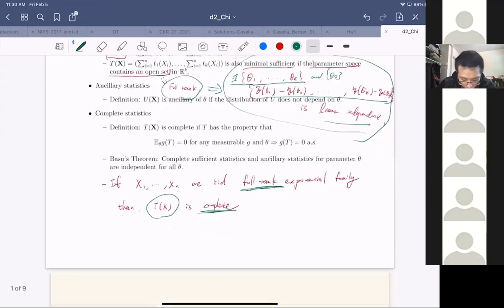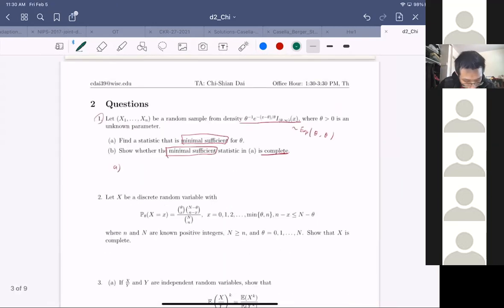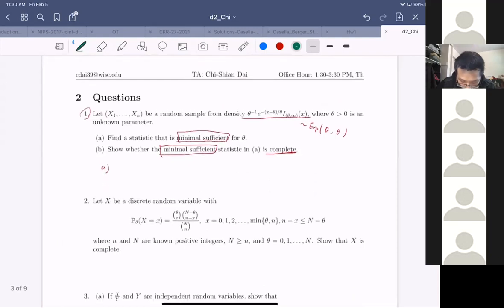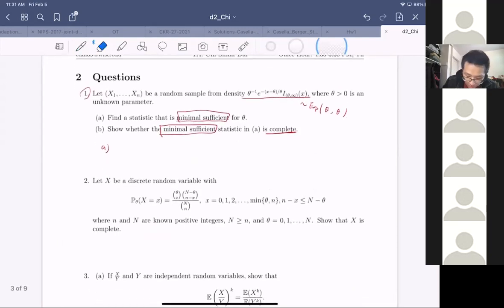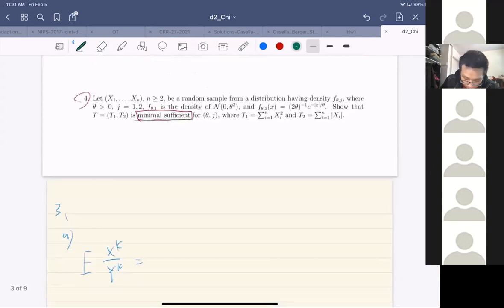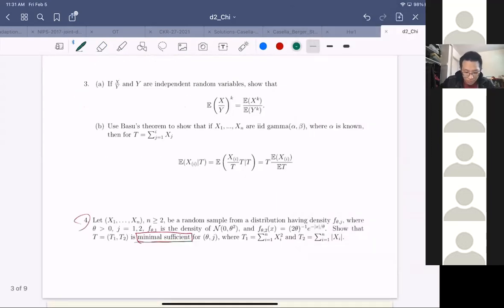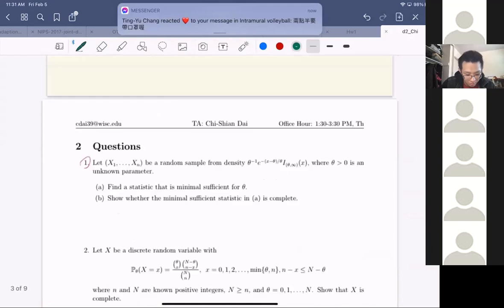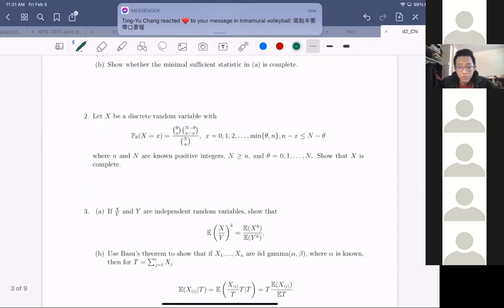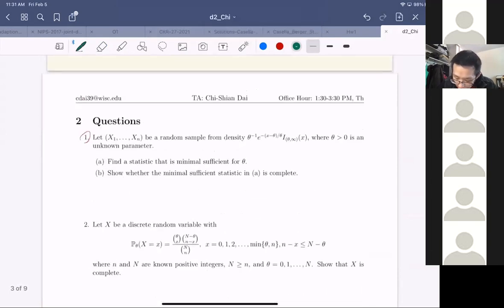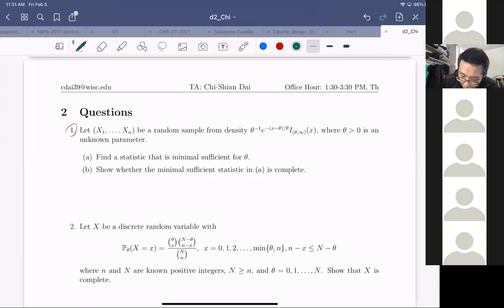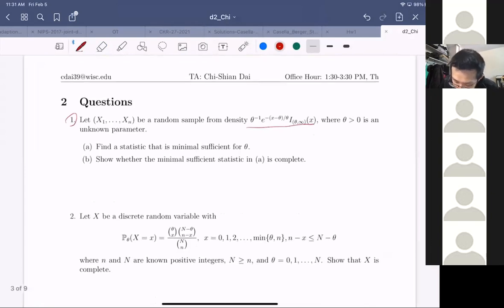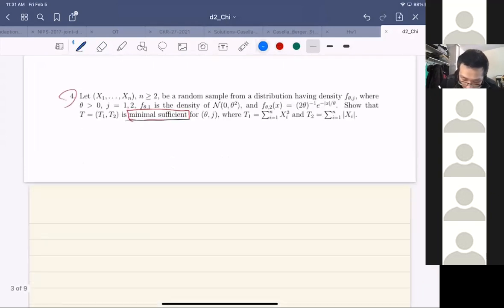Okay, let's go through question 1 and 4. So in question 1, we have this exponential family, this exponential distribution.